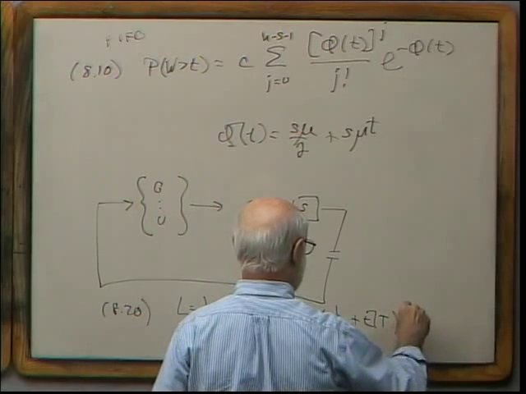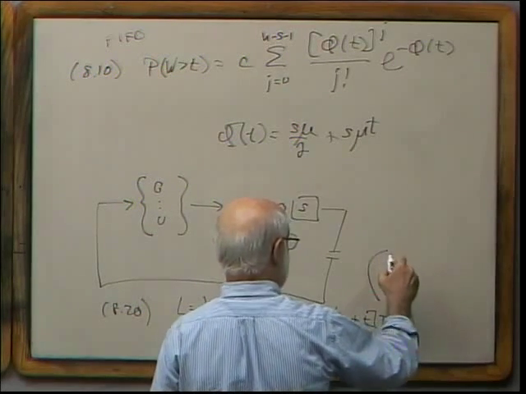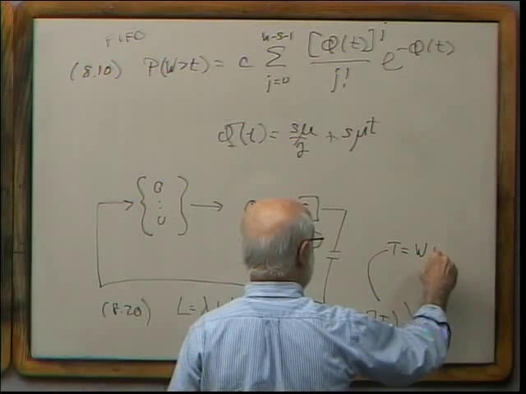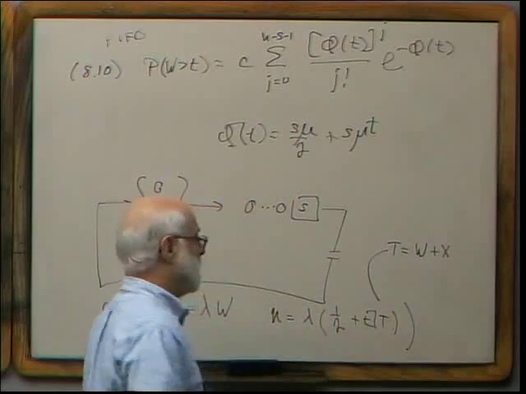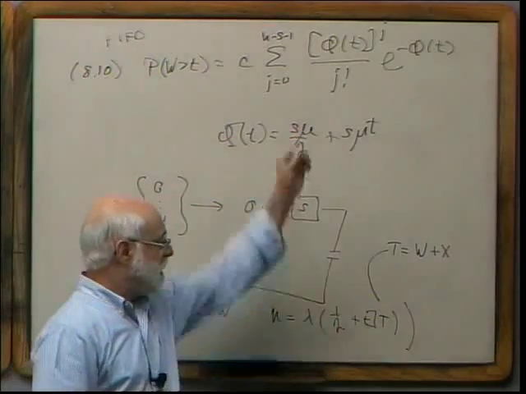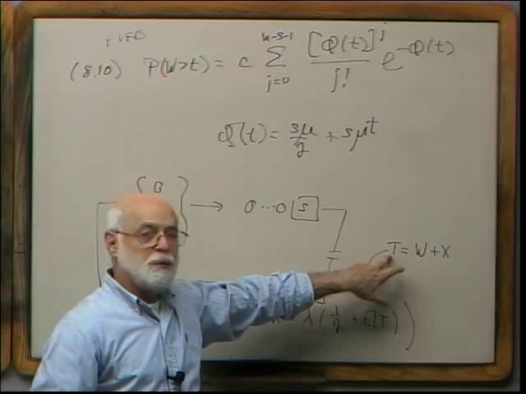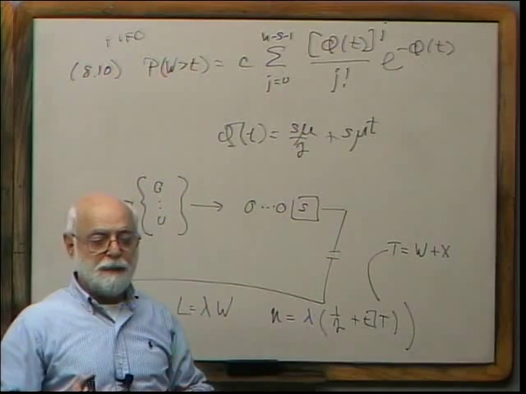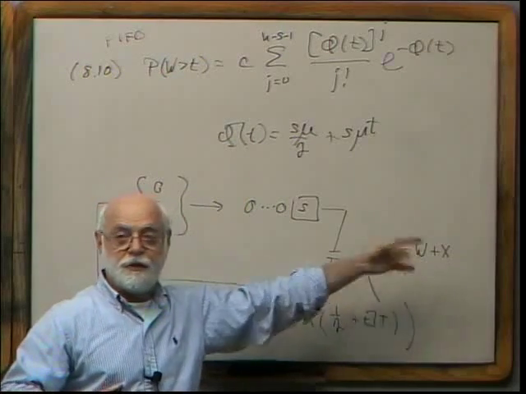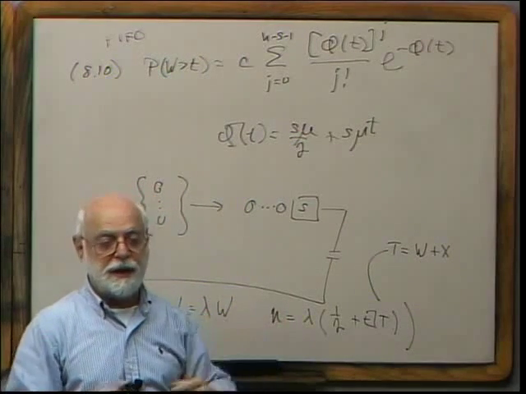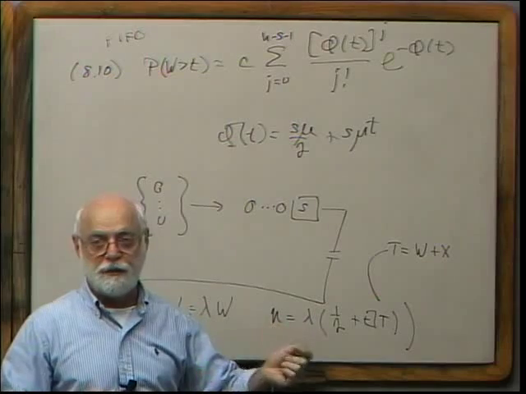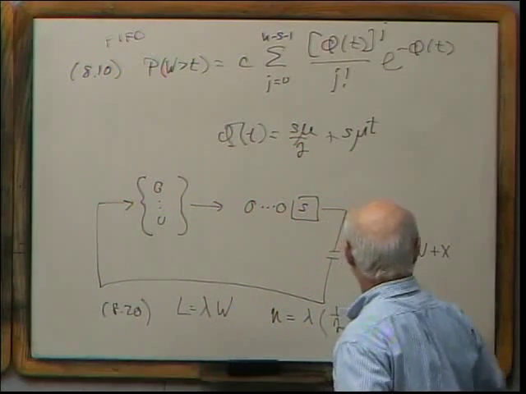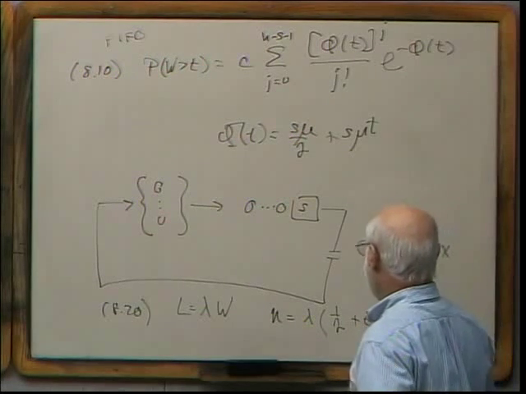So the sojourn time, t, is equal to, by definition, waiting time plus service time. In the computer science context, the sojourn time is more important than the waiting time, because you don't care how much time you spend in each part of the sojourn time. All you care about is how long it takes from when you make your request for service until it's honored, until it's finished.